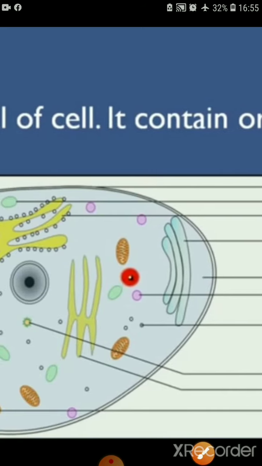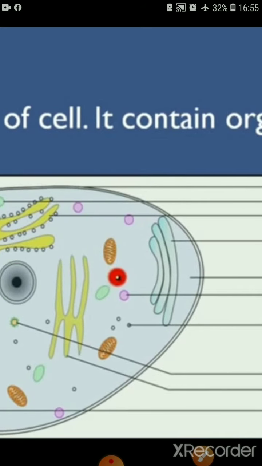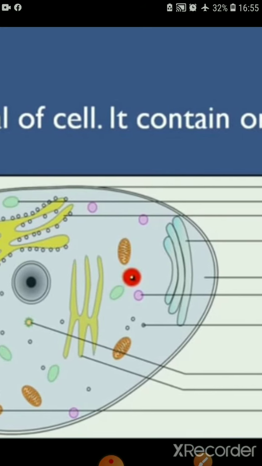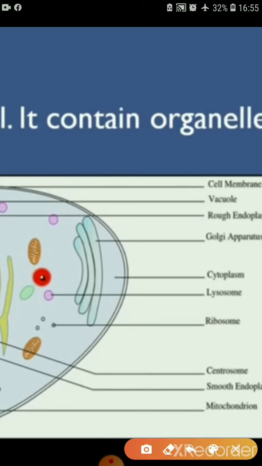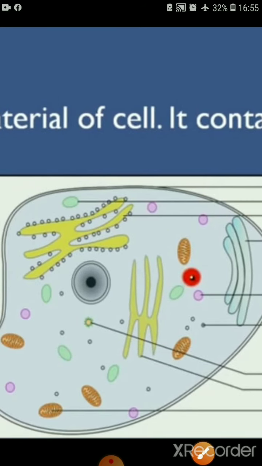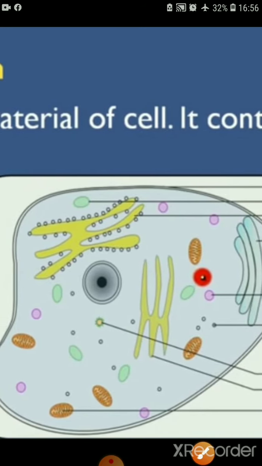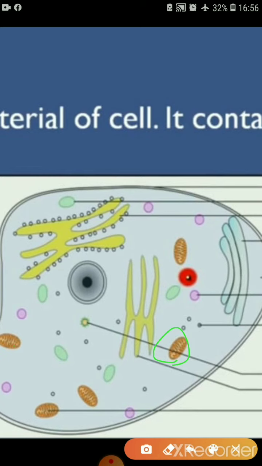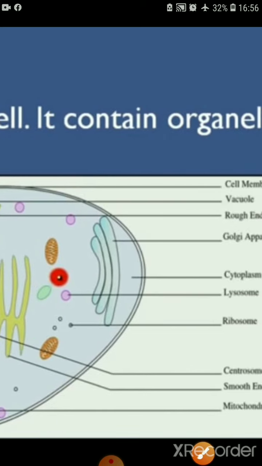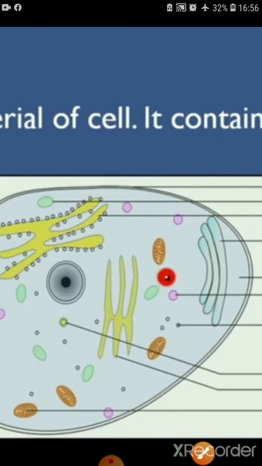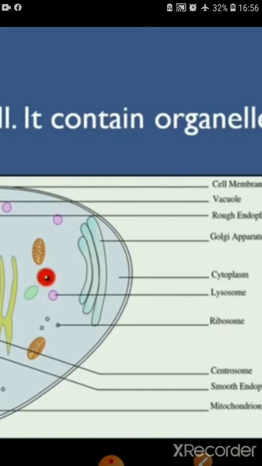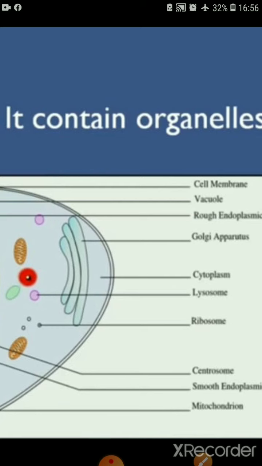Next, this rod type shape, the orange colored rod type shape seen here, right? That is called the centrosome. What is that called? Sorry, that is called mitochondria.